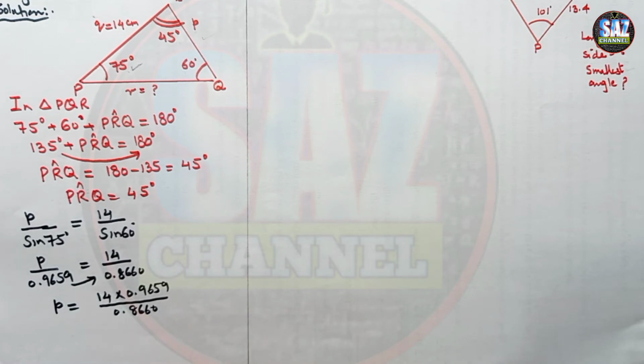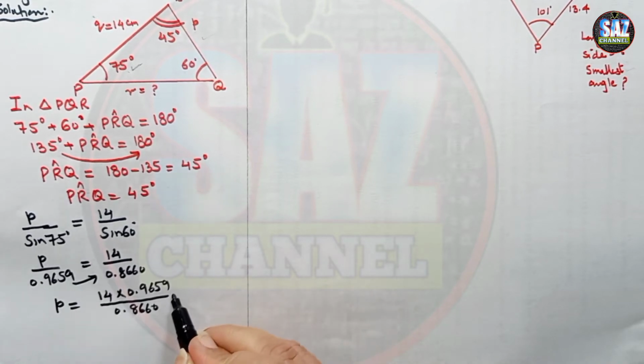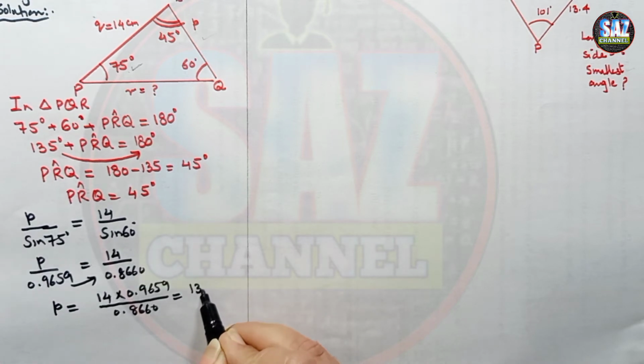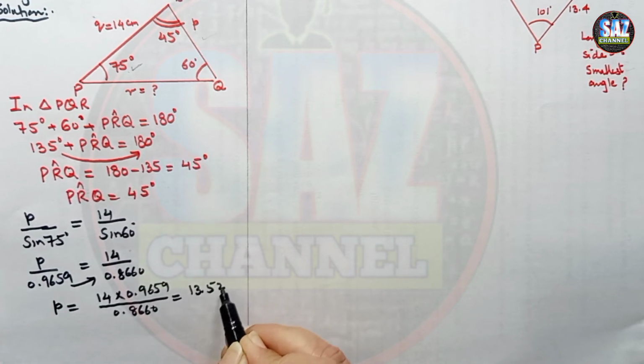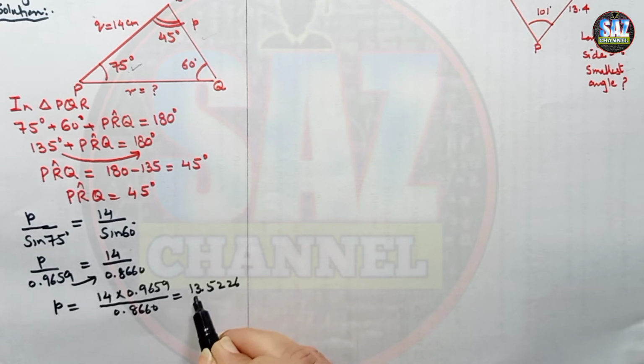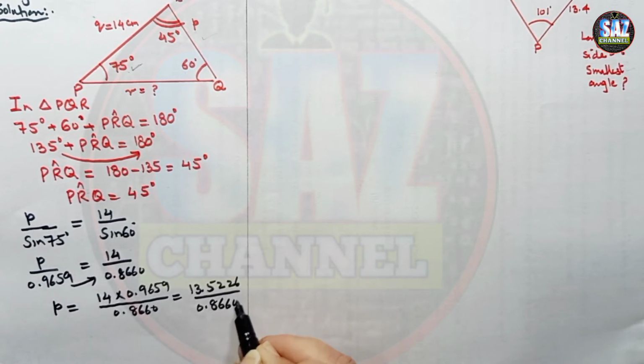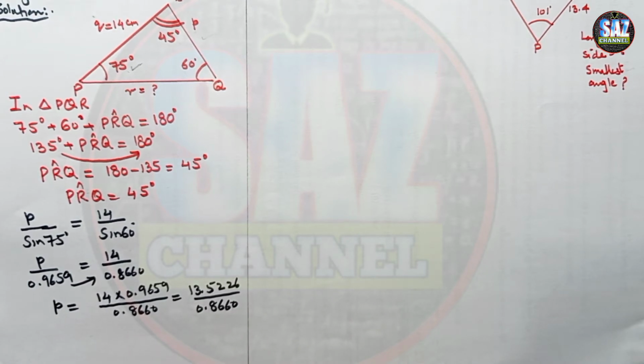Now I have to multiply 14 by 0.9659, and this gives me 13.5226. 13.5226 upon 0.8660, divided by 0.8660, gives me 15.6.